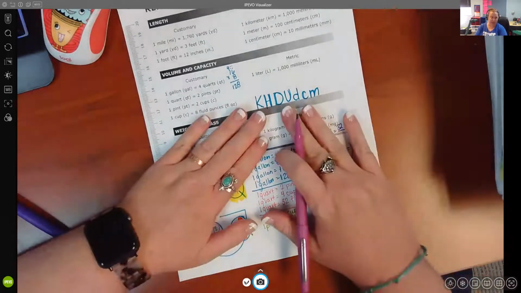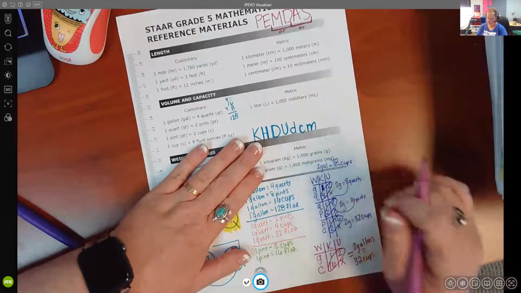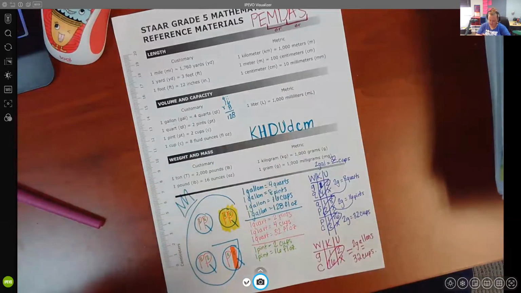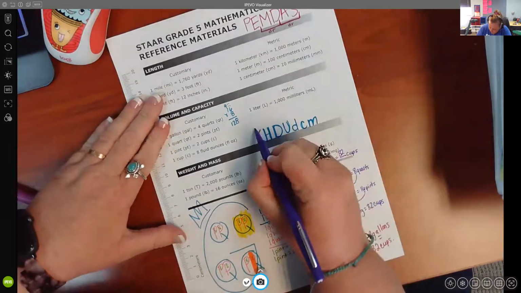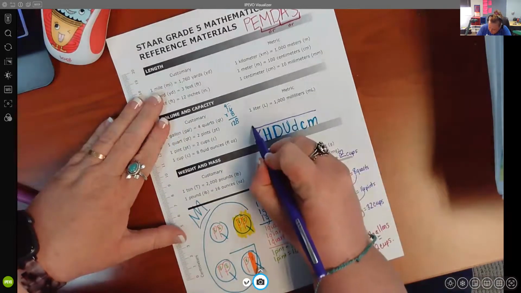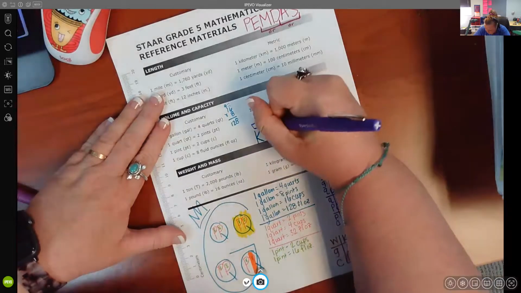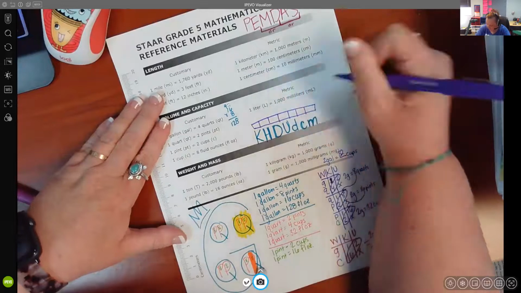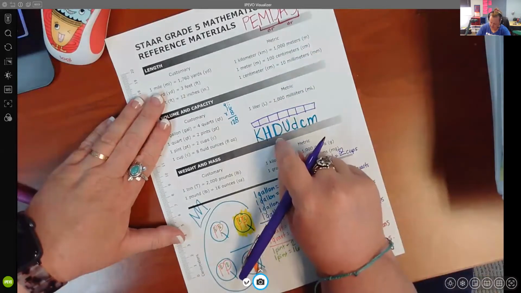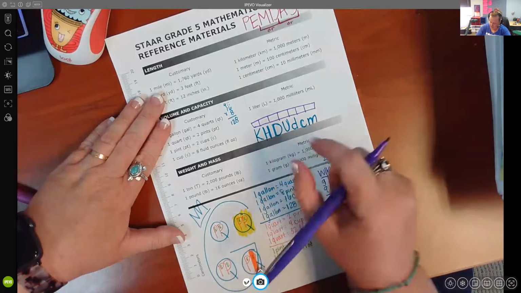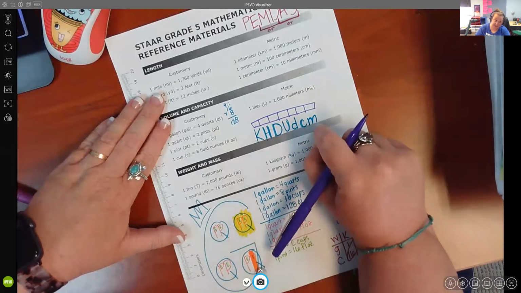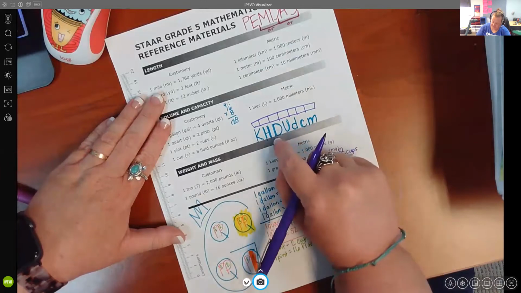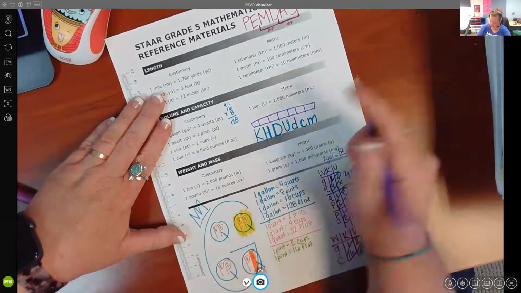Okay, and now back to our King Henry doesn't usually drink chocolate milk. You can use this. You want to create a little box in front of it for each letter. So this is our unit, deca, hecto, kilo, deci, centi, milli. So kilo, hecto, deca, the unit.